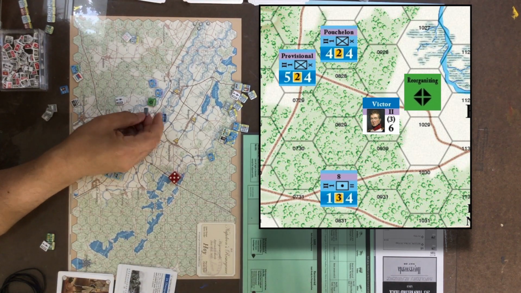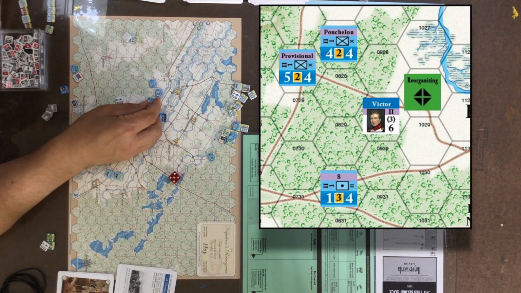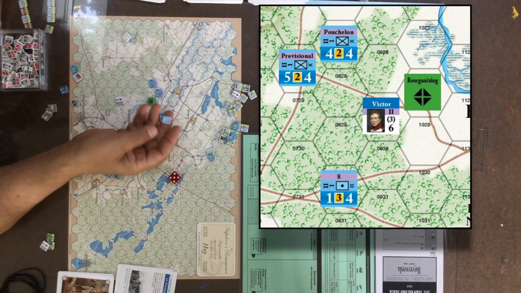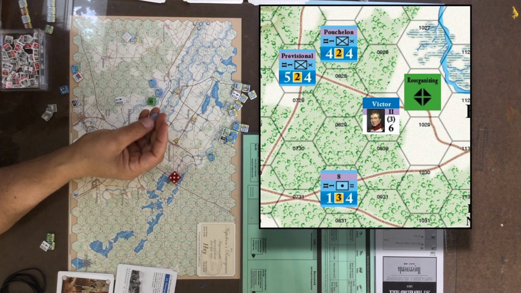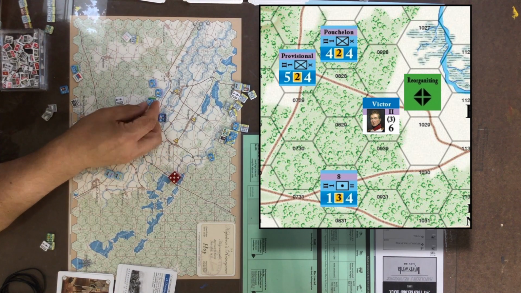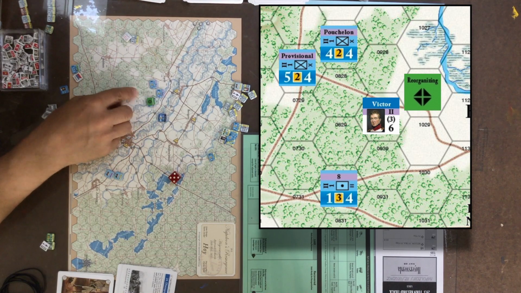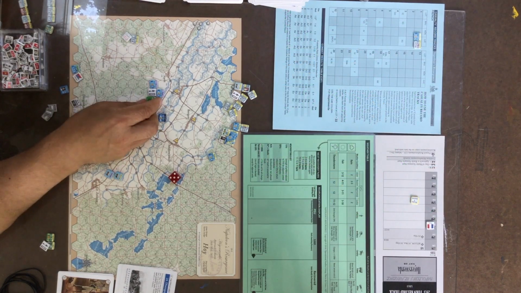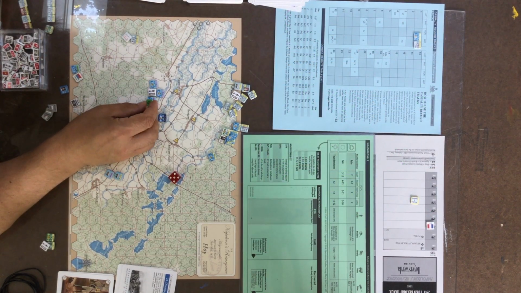They come back flipped over. So he's back. This provisional guy is originally a 5, but let's say he was killed earlier in the game. Now he comes back at strength 3. These guys both have to check because he is not putting them in command, since he's busy reorganizing instead. And then next turn, this guy will be available to go again.